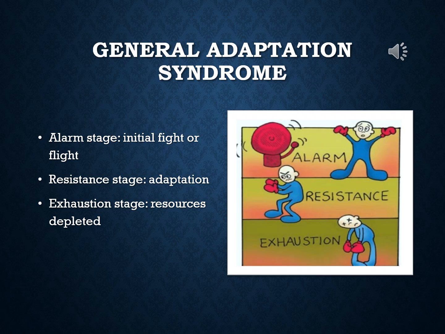Our body's not able to keep up the level of reserves. So our body's reserves start to run out. Our cortisol level stays high, but our immune function starts to drop. And so this is where we become more vulnerable to illness or injury. Now, our bodies get really exhausted, they get tired.